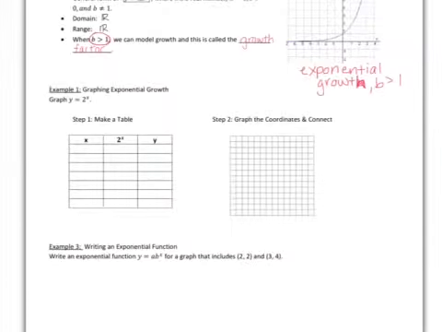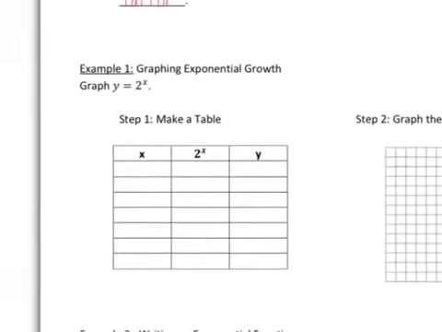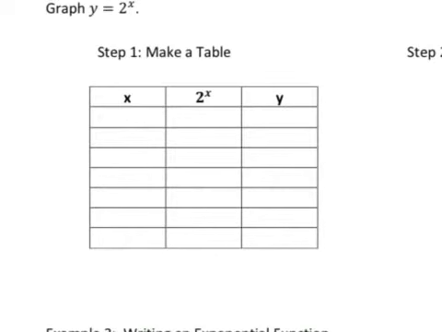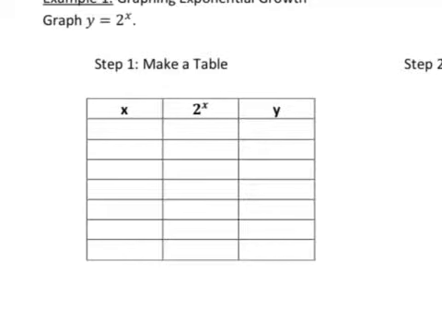Yes, okay, so let's graph one. We're going to do the whole thing where we pick some X's, plug them in, and find Y. So let's just make a list here. Start with -3, and go all the way to +3.